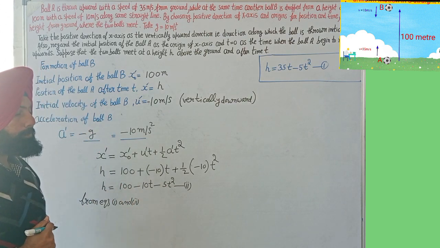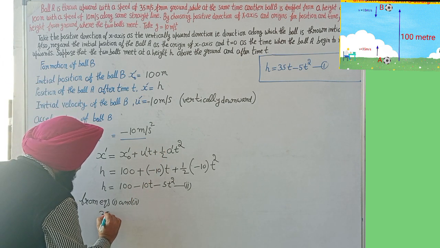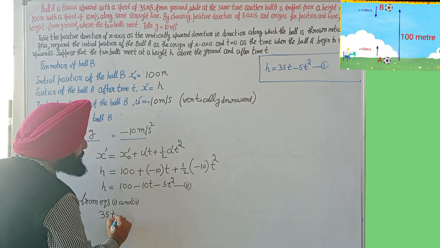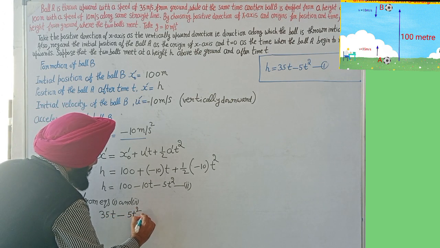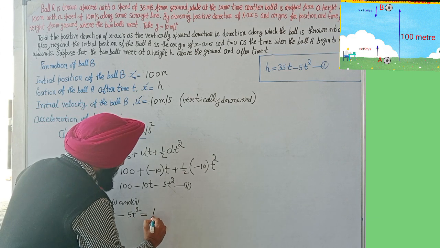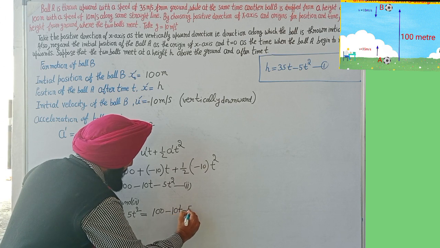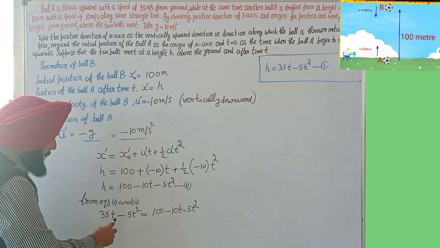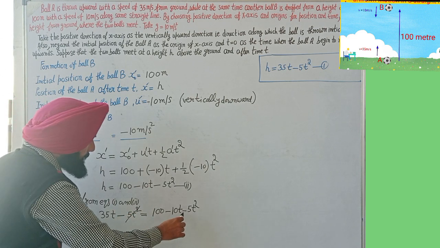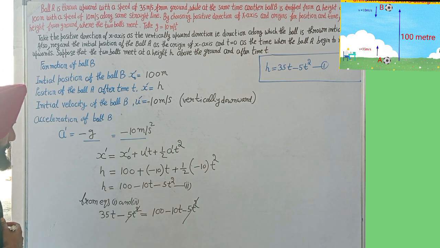What we have: 35t minus 5t square equal to 100 minus 10t minus 5t square. So negative 5t square cancels with the negative 5t square.